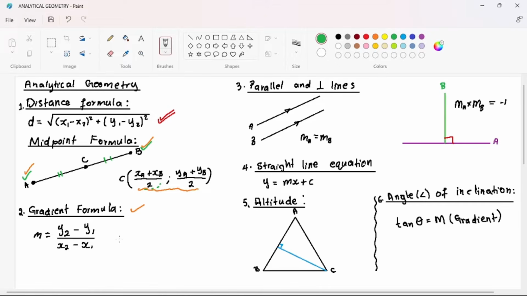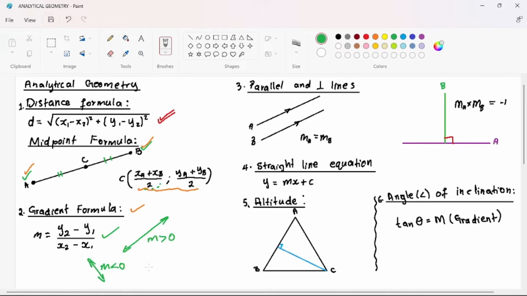A gradient, guys, simply tells us how steep our straight line graph is, right? If our straight line graph looks like this, it simply means that our gradient is greater than 0, right? And when our graph is pointing like this, meaning maybe it's pointing to our left hand side, we know that our gradient is going to be less than 0.